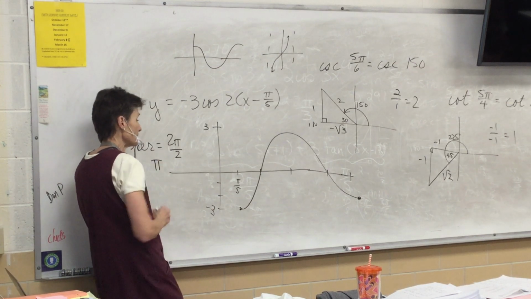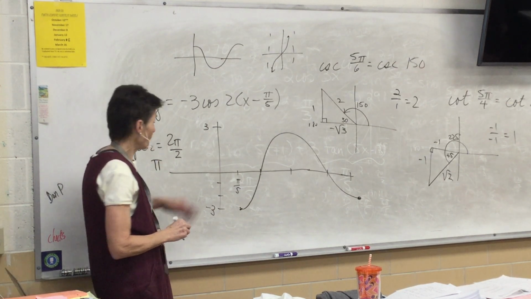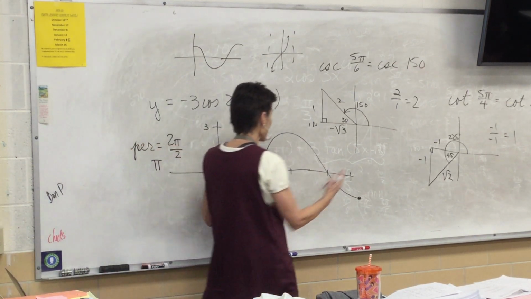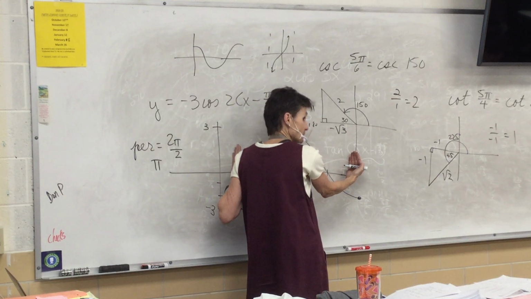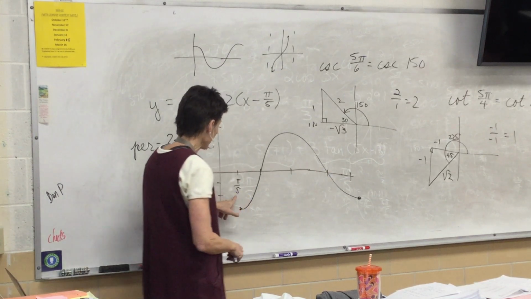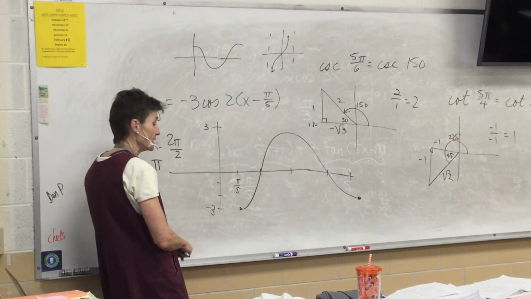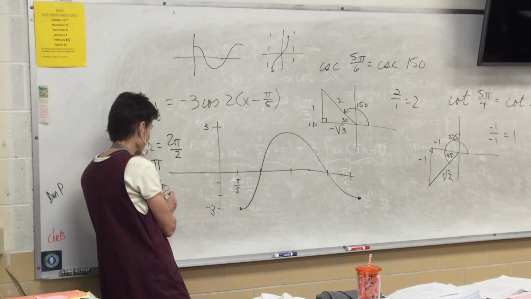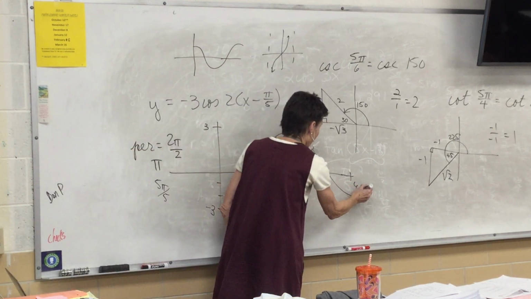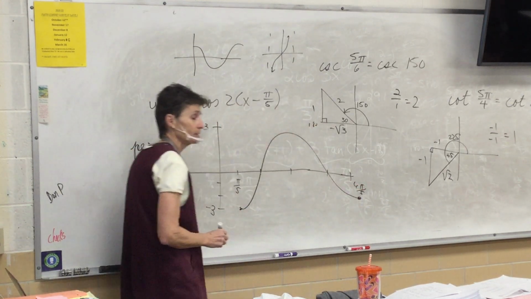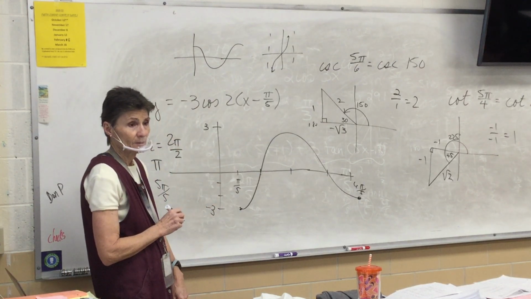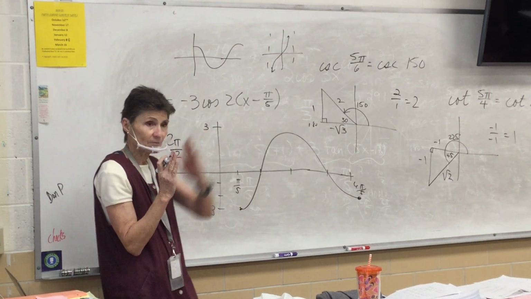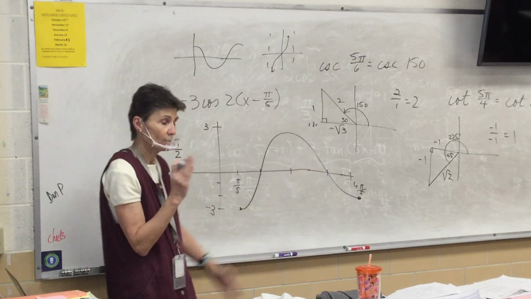So now the period is pi, which means that from this hand to this hand is pi. So to find that label, I'm going to take 1/5 and add it to 5/5. So this is going to be 6 pi over 5. 1 1/5. I start at 1/5 and add 1. 1 1/5.